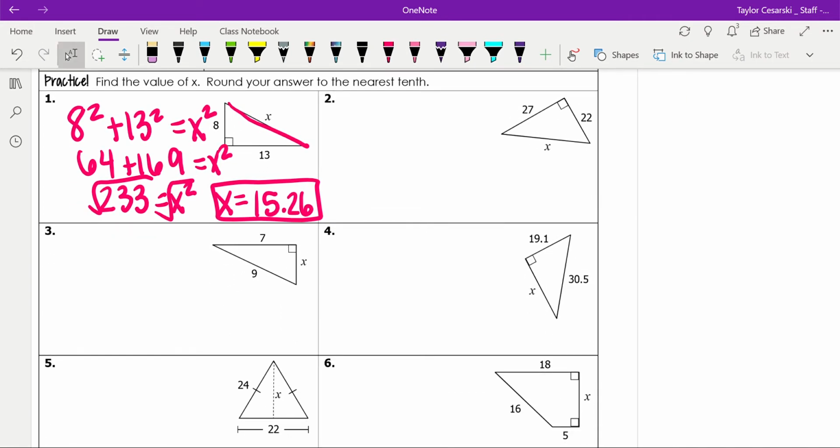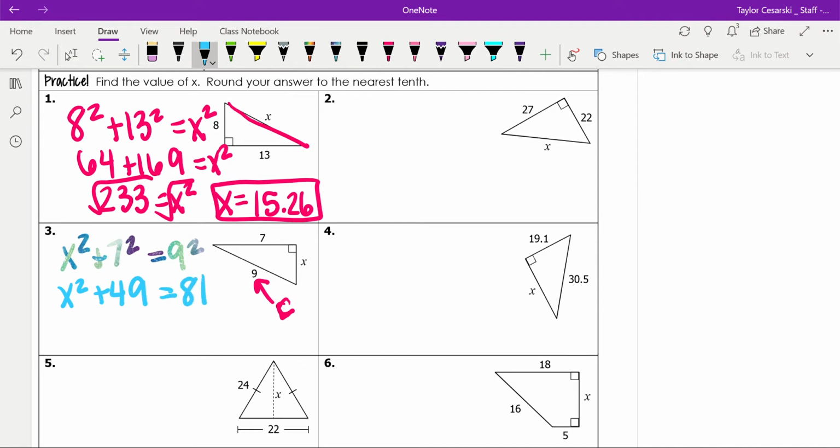All right, number 3. Right here, C, or your hypotenuse, is going to be 9. So x squared plus 7 squared equals 9 squared. To write this out, x squared plus 49 equals 81.